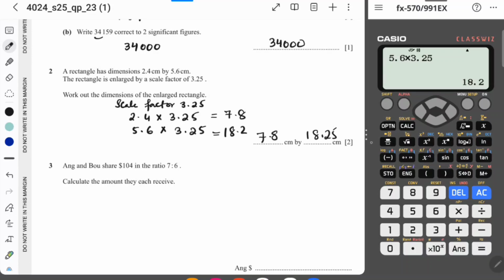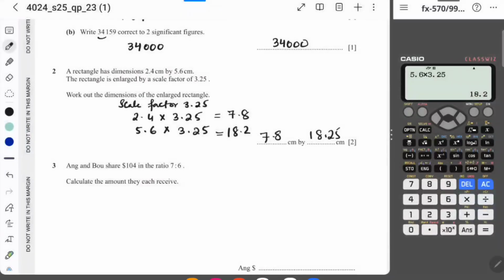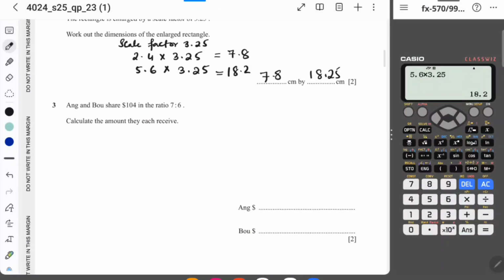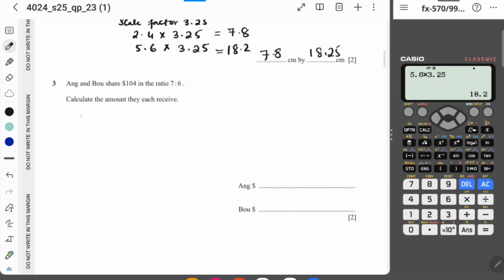Alright, the next question: Ang and Bao shared $104 in the ratio 7:6. Calculate the amount they each share. I have already calculated this in a few questions. The sum of the ratio is 7 plus 6, which equals 13.